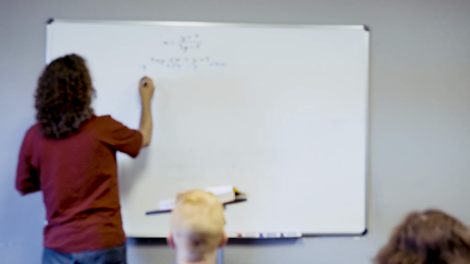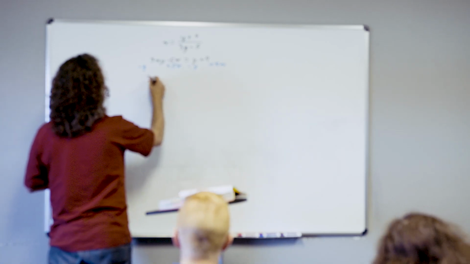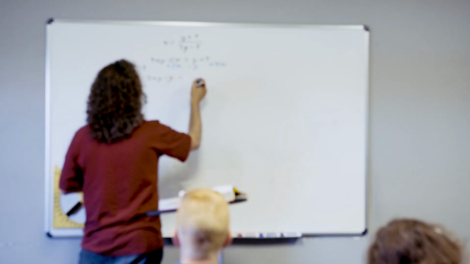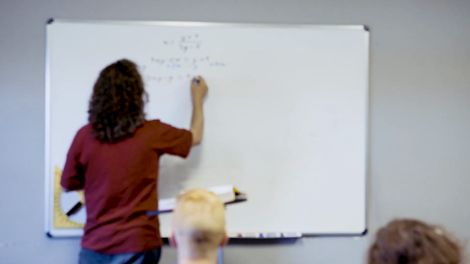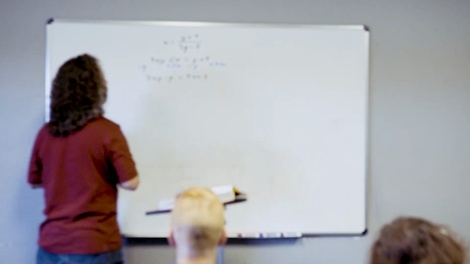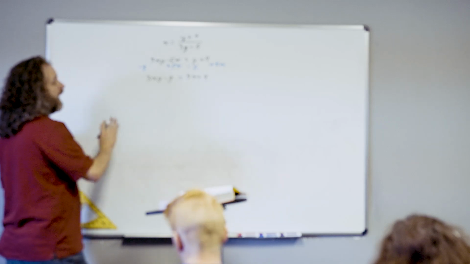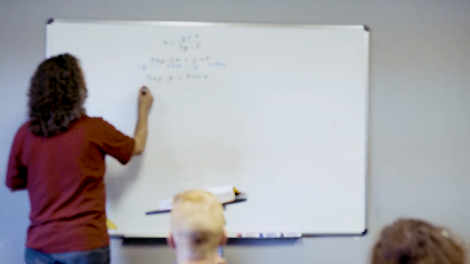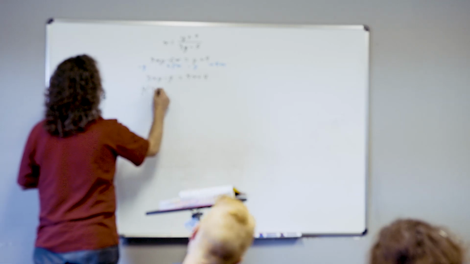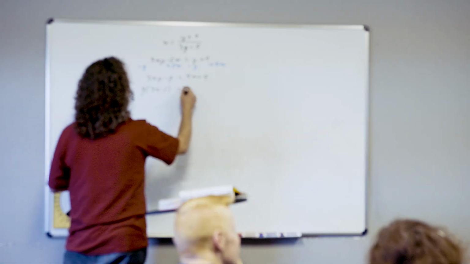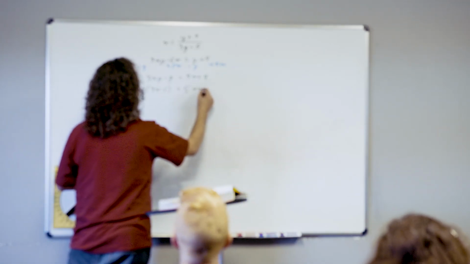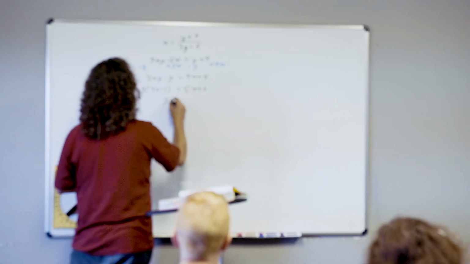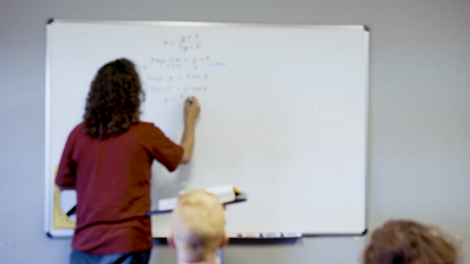Okay, so 3xy minus y equals 5x plus 4. And now we could factor out a y and end up with y times 3x minus 1 equals 5x plus 4. And now you can divide all that mess off, right? It is kind of magic.